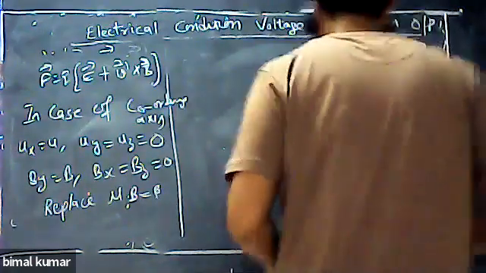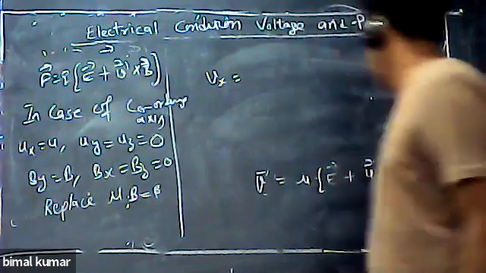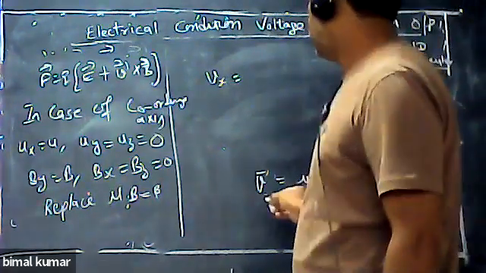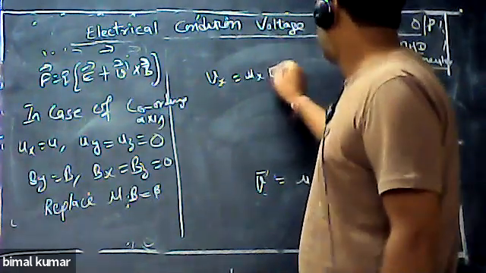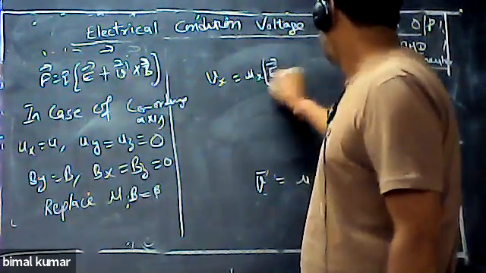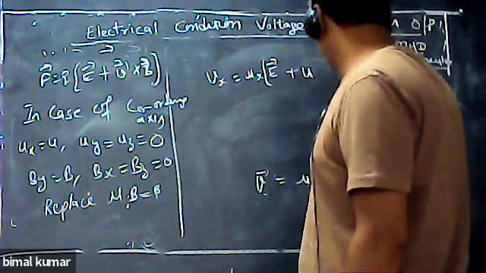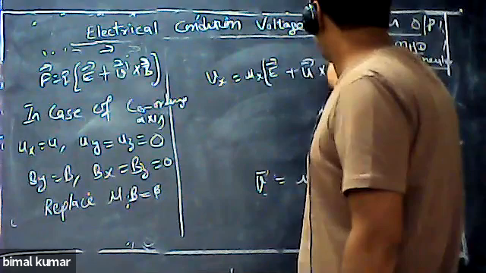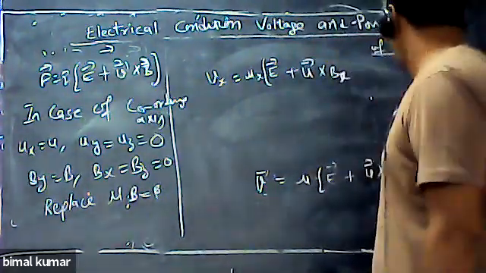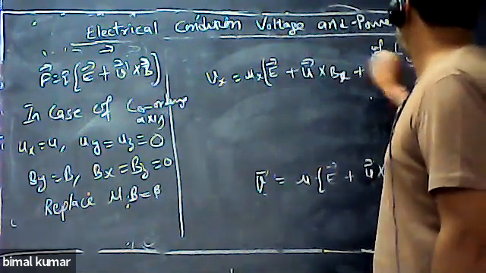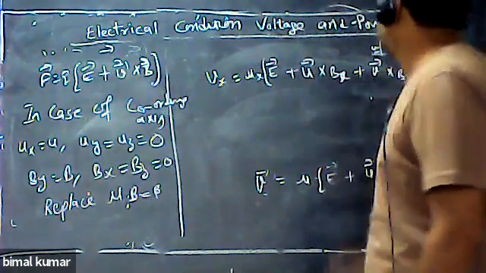Now the equation of Vx will be equal to mu x into E plus U cross Bx, plus V cross Bx.